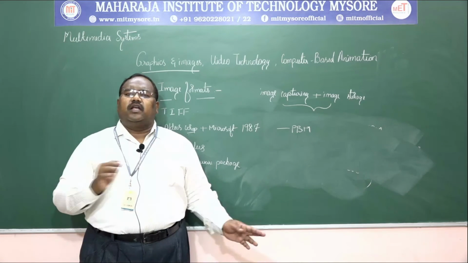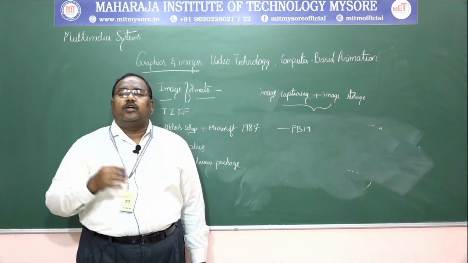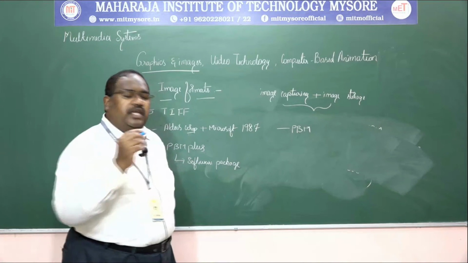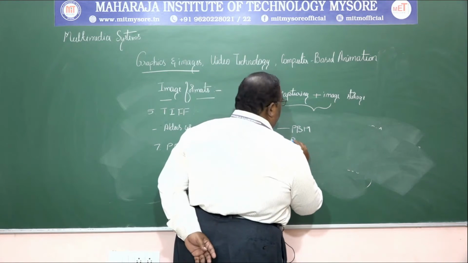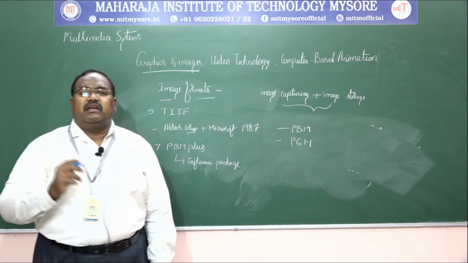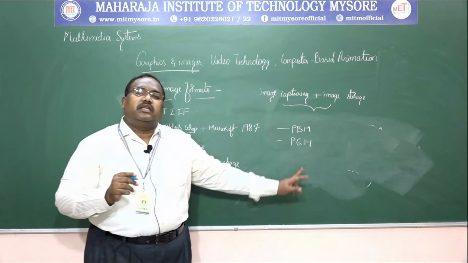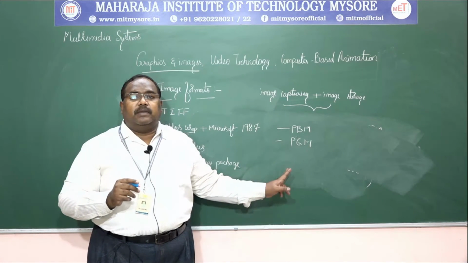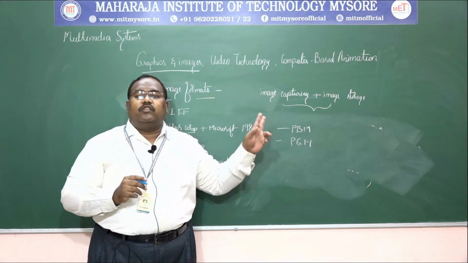When I talk about binary, it's only zeros and ones. Next is portable gray map, which is referred to as PGM. This is associated with gray value images.